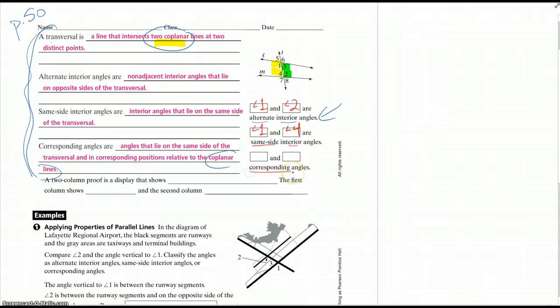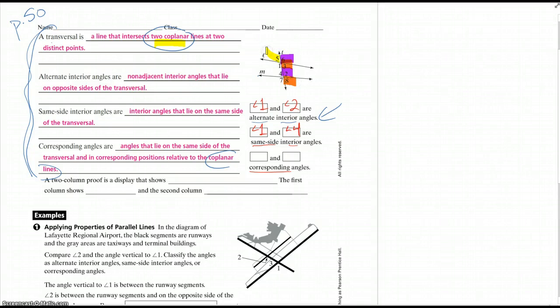And last, what's an example of corresponding angles in this diagram? You have 4 choices for this one. Let's start on the top right of each intersection. Angle 6 is in the top right, angle 2 is in the top right. Angle 3 is in the bottom right, with angle 8 on the bottom right.